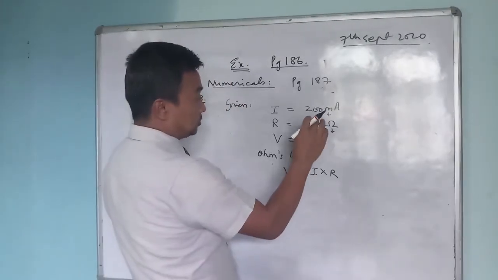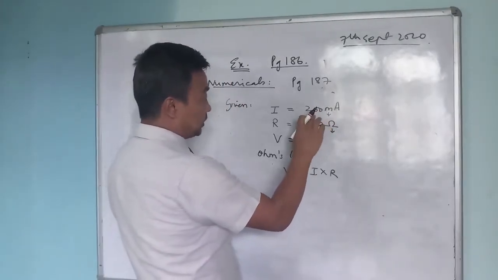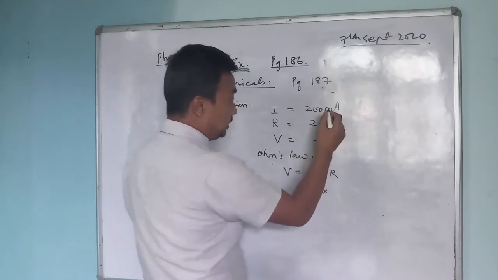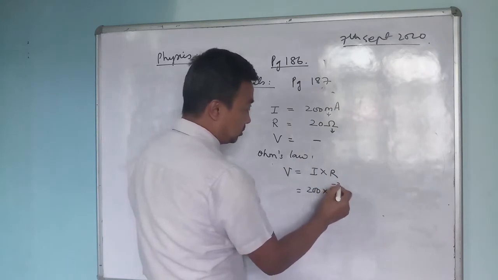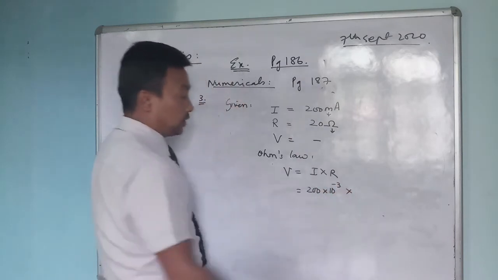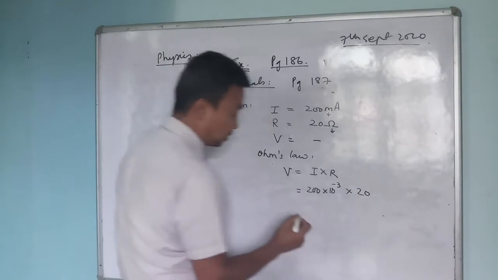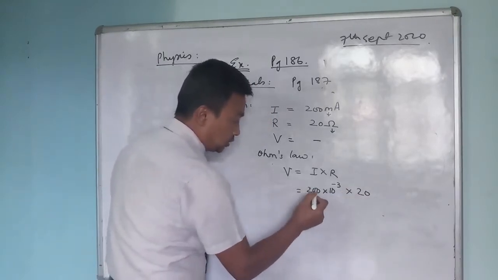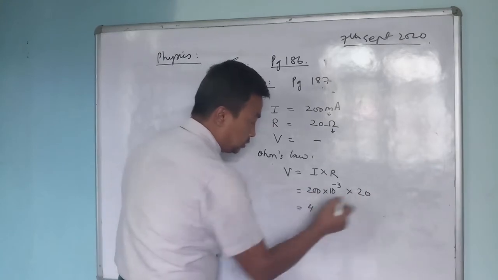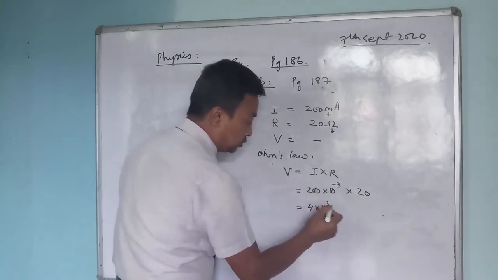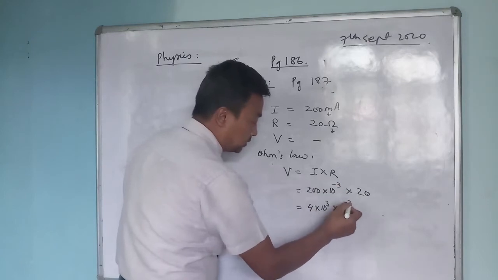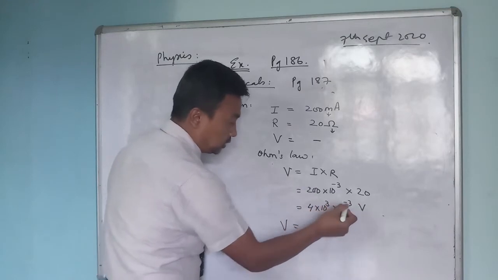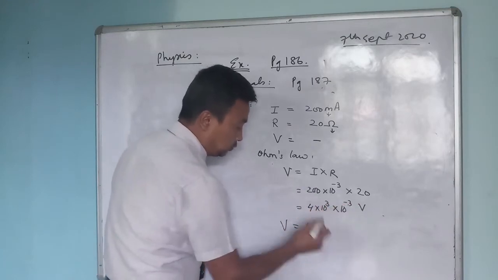How much current is there? 200 milli, you have to change it, 10 to the power minus 3. Resistance is 20. If you solve this, 2 into 2, 4, then you have 3 zeros, that means 10 to the power 3 into 10 to the power minus 3 volt. 10 to the power 3 and minus 3 cancel, so you get 4 volt.